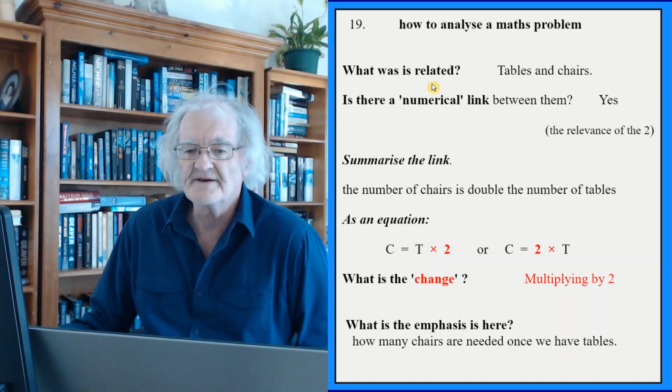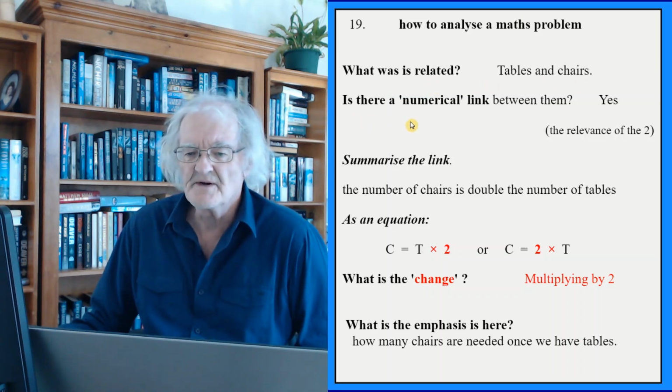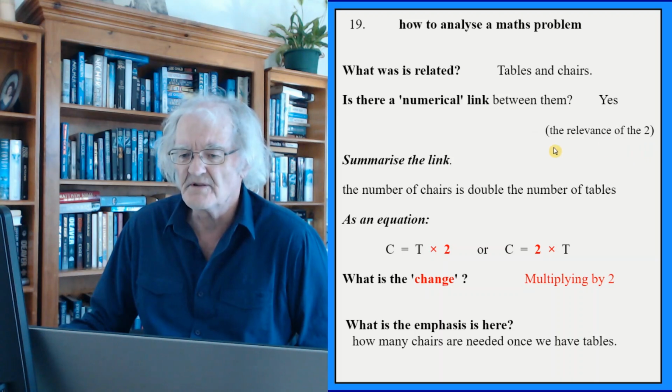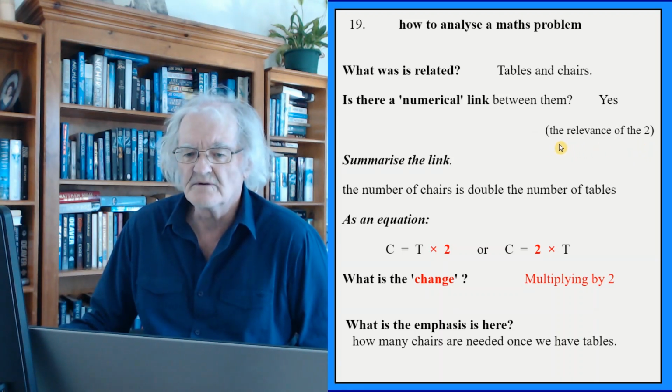What was related? Tables and chairs. Is there a numerical link between them? Yes. And the 2 supplies that numerical link. Each table will have 2 chairs.